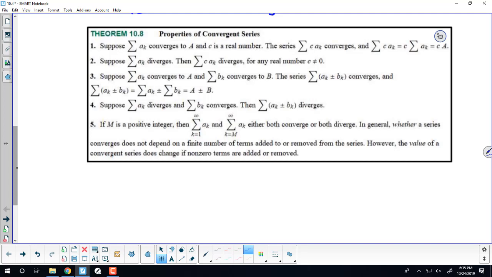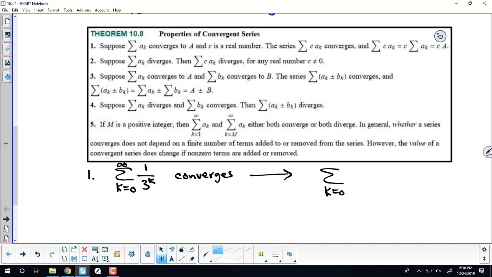Okay, so for instance, the series from k equals 0 to infinity of 1 over 3 to the k converges. And whatever constant we want to use, it doesn't matter.